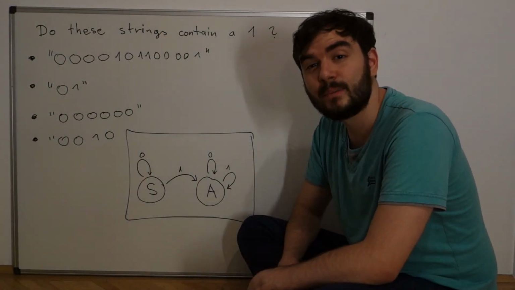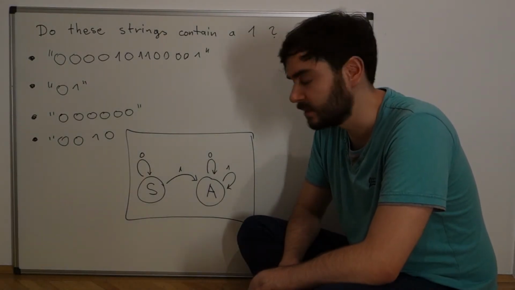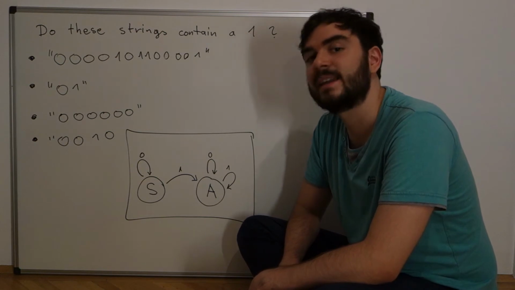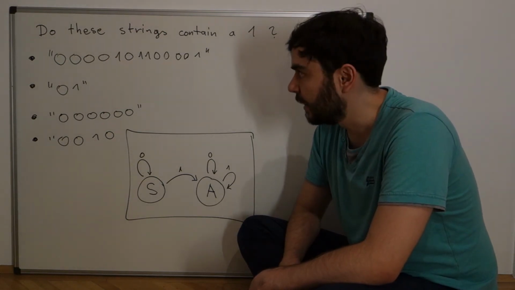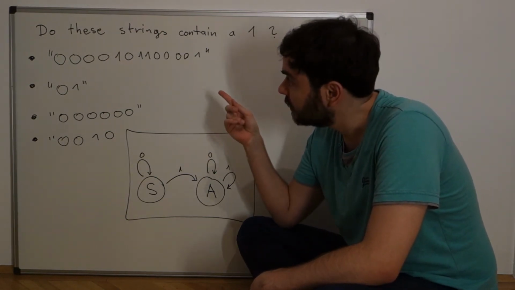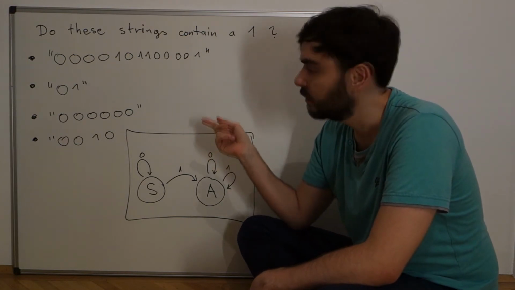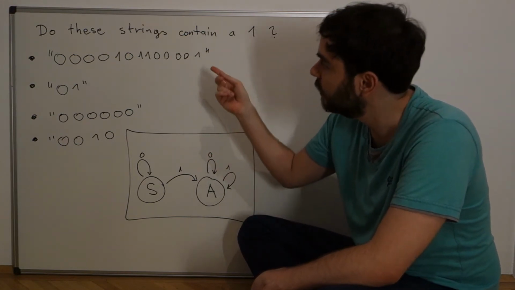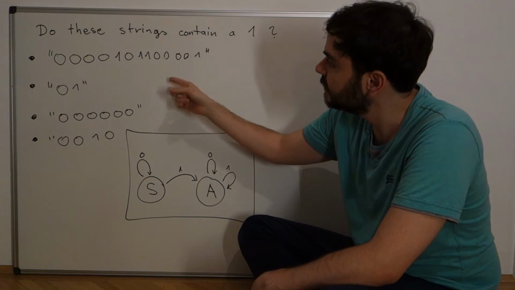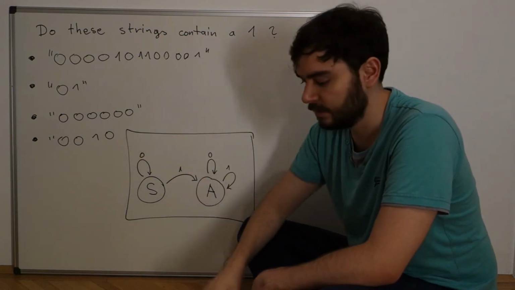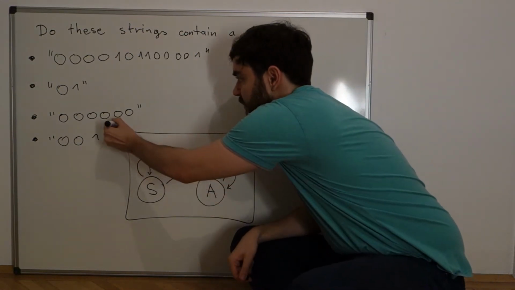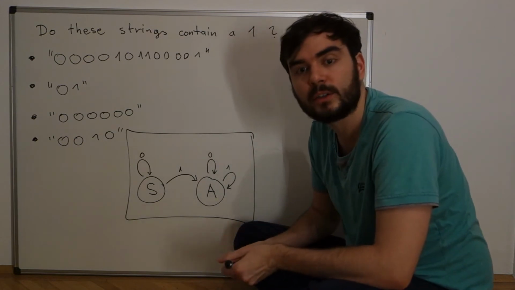Okay, so as a bridging step to Turing machines, we're going to discuss finite state machines. Here are 4 problems, all incarnations of the same problem, namely, do these strings contain a 1 or not?